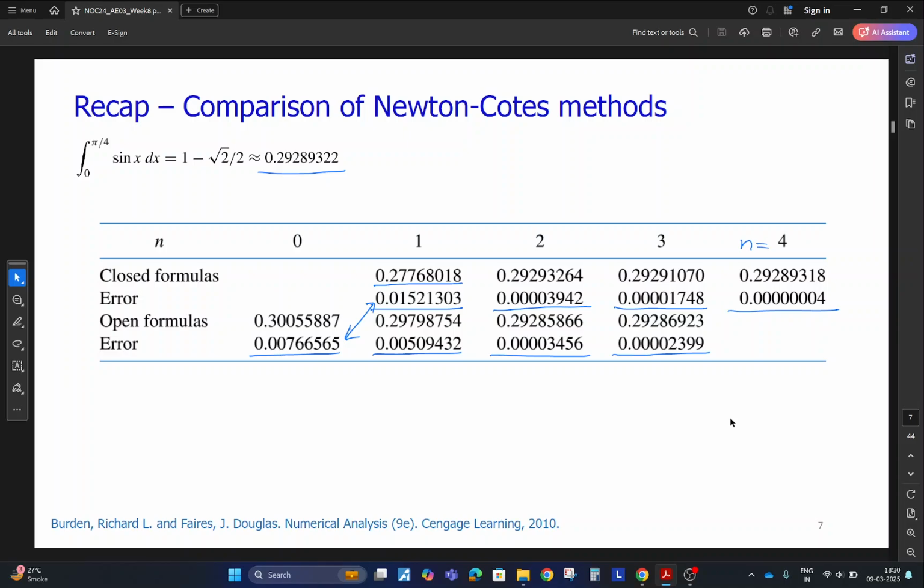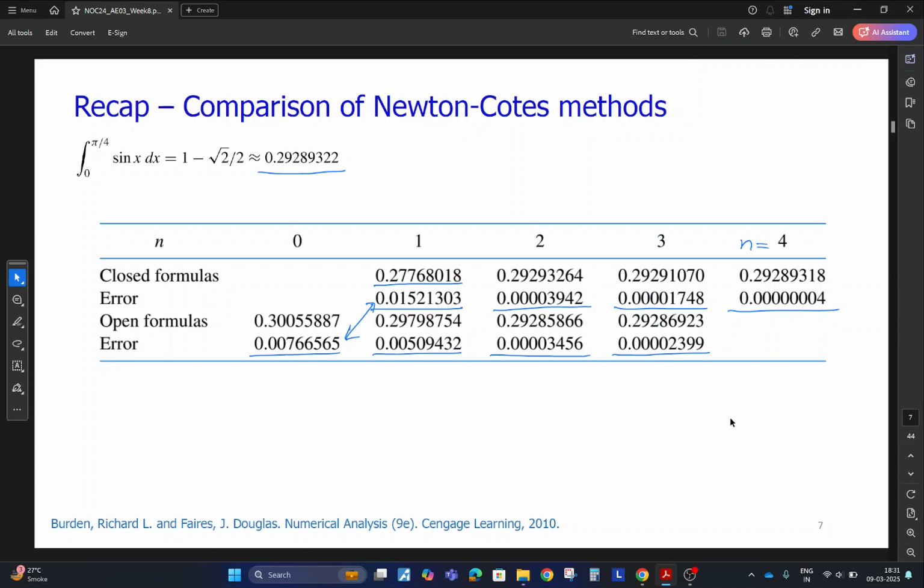However, this comparison may not be true in general because what we are working with here is just a very simple curve, and if we are presented with a more challenging curve or something more abstract, then these errors might change. However, just for comparison's sake, this is the complete picture. And in general, for closed Newton-Cotes methods, increasing the number of integration points will definitely improve the accuracy of the calculation.